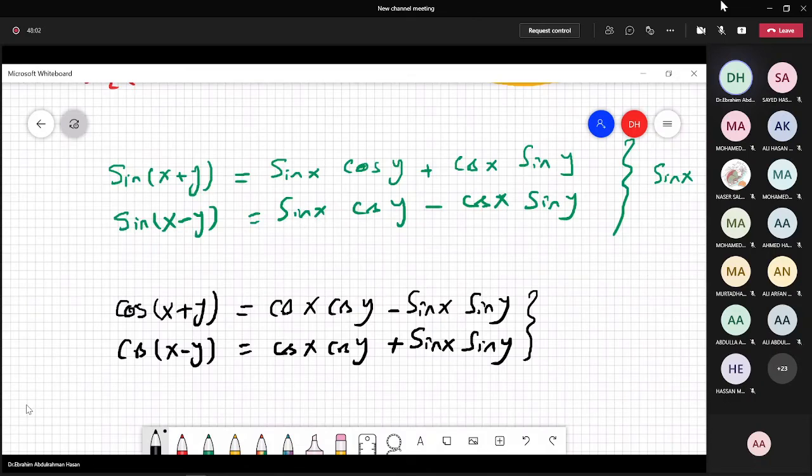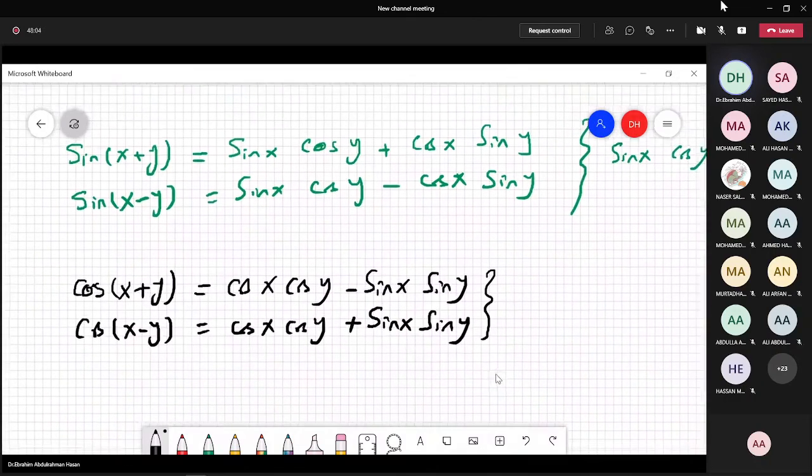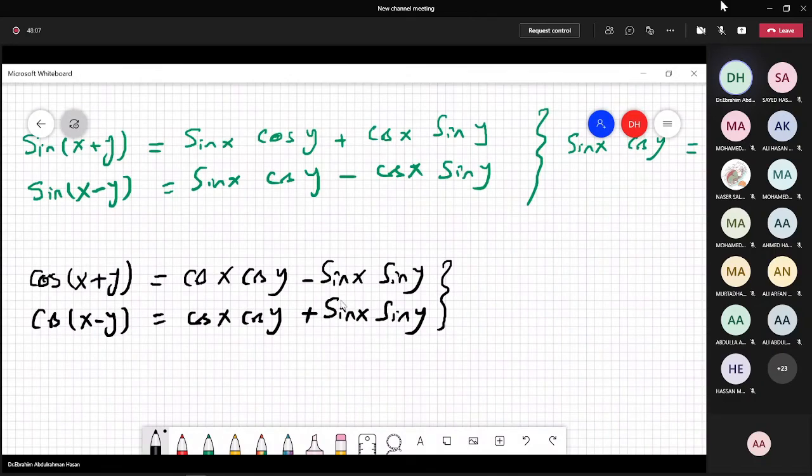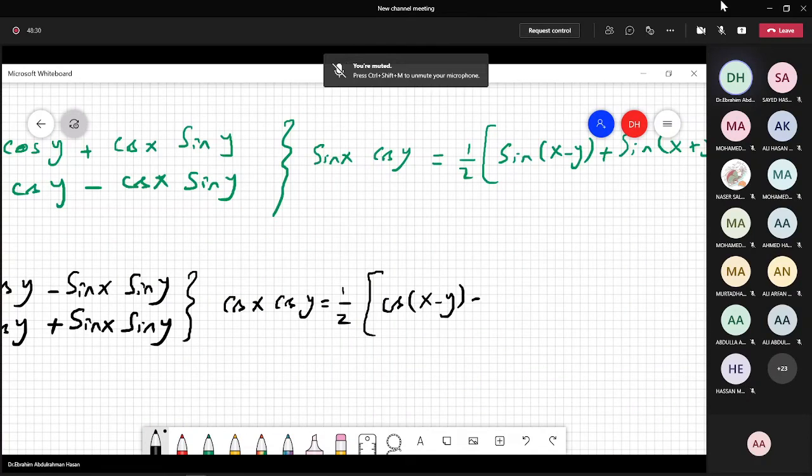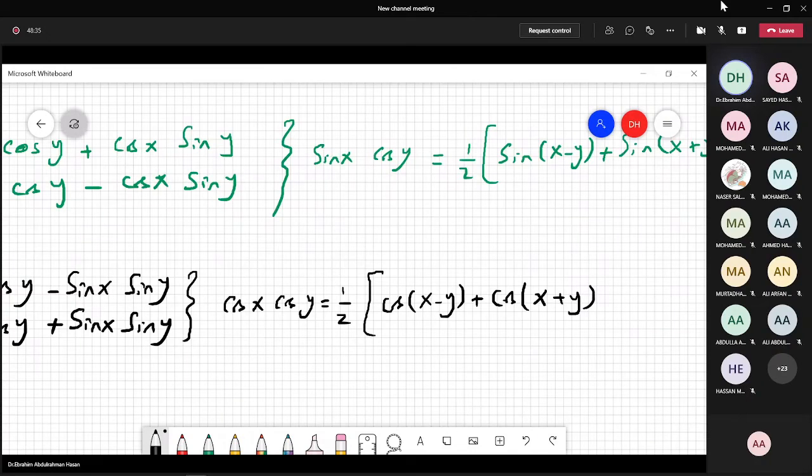From these, again, if we add these two together, this cancels, then we have 2 cosine x cosine y, and here we have the summation of these 2. So then cosine x cosine y equals half of cosine x minus y plus cosine x plus y.